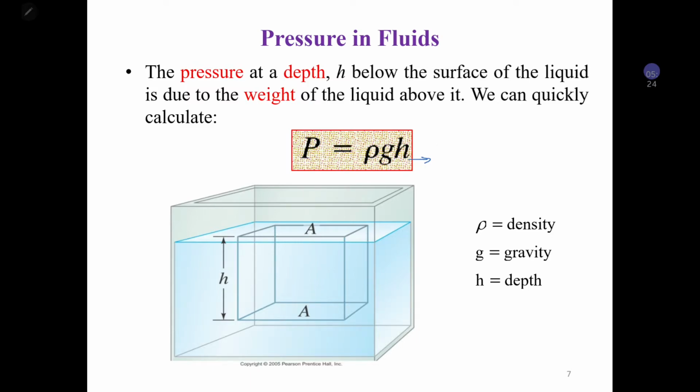Pressure is equal to rho g h. What is rho? Rho is the density, g is the value of gravity, and h is the depth, which is how much depth of the fluid. Alright, so the unit is still the same, which is Pascal.